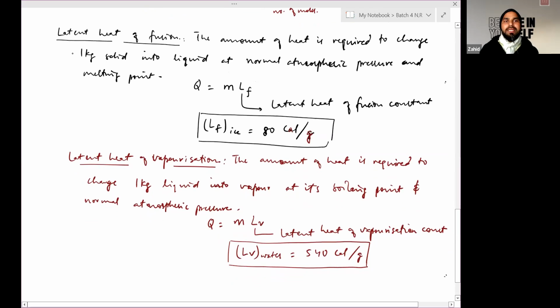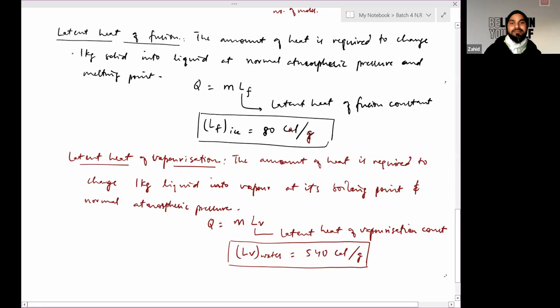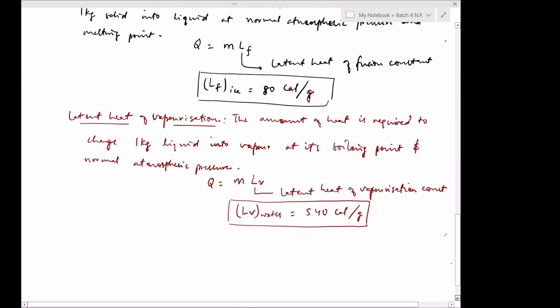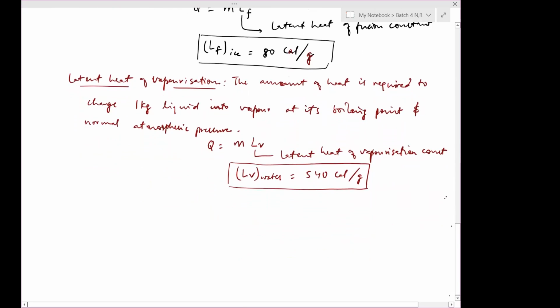Now, this latent heat of fusion and latent heat of vaporization. Gautam, tell me why it is called latent? Because the temperature doesn't change. Why? Because when we see the experiment, we wonder where the heat is going, because there's no apparent change in the system, but still the system is absorbing heat. It's hidden.